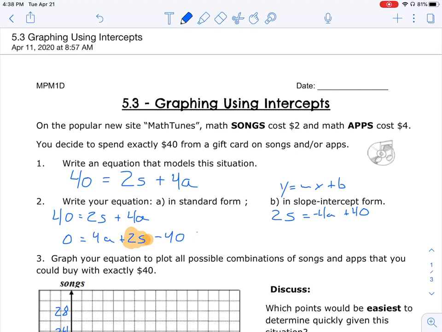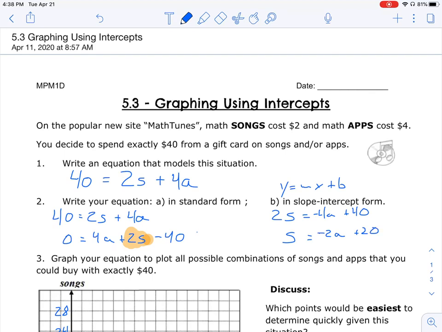I'm trying to isolate the single value of s. I divide both sides by 2, and I get s alone. Negative 4 divided by 2 would be negative 2a, and that would become plus 20.